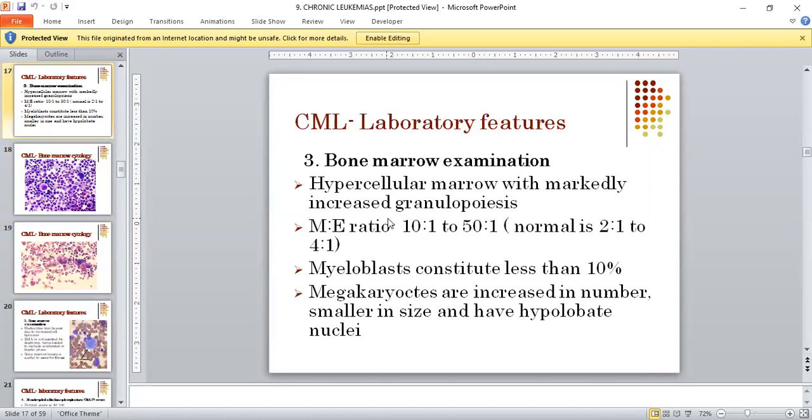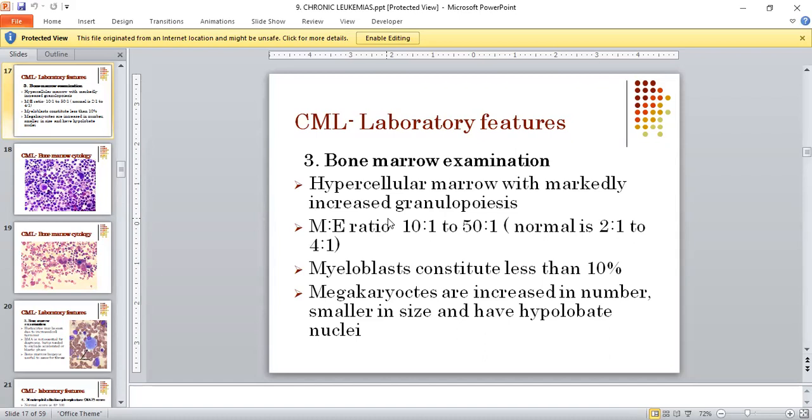So the other way you can do your diagnosis or the investigation is bone marrow examination. So hypercellular marrow with markedly increased granulopoiesis. So the granuloblasts, the different precursors for the granulocytes, the immature ones are the ones that are mainly going to be implicated.